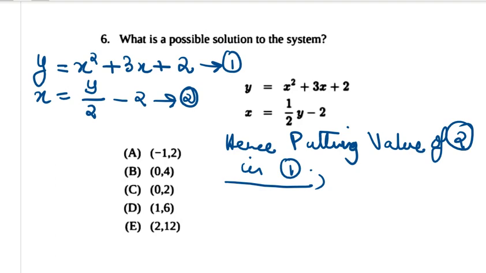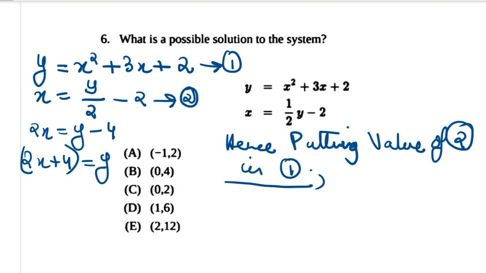Alright, let's solve 2. So how do we do this? This is 2x is equal to y minus 4, of course, and 2x plus 4 equals y.